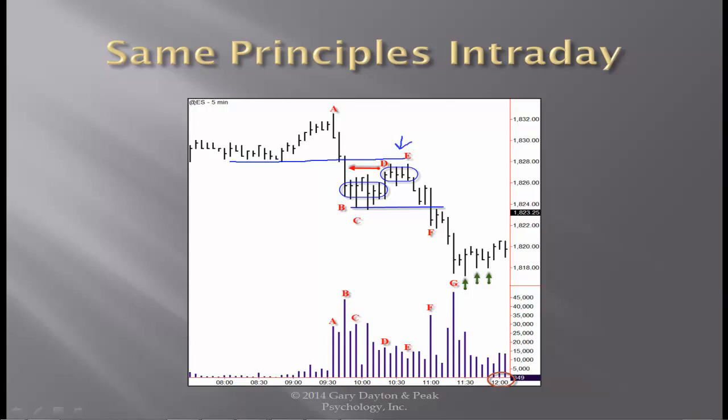If for some reason I thought G was a good spot to buy, because it's coming down hard, I would probably go in light. In other words, I wouldn't put multiple contracts on. I'd just put a couple, and then see how the market unfolds, and then maybe over in here somewhere I'd add more, feeling more confident that this is going to hold, because it's hard to say that it's going to stop right here.